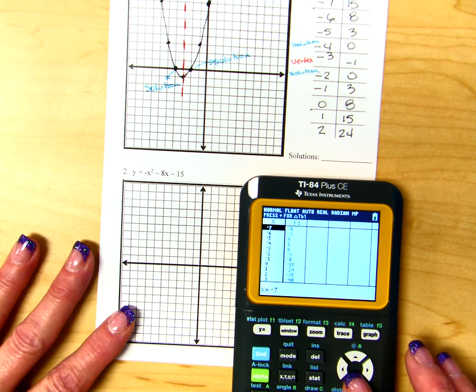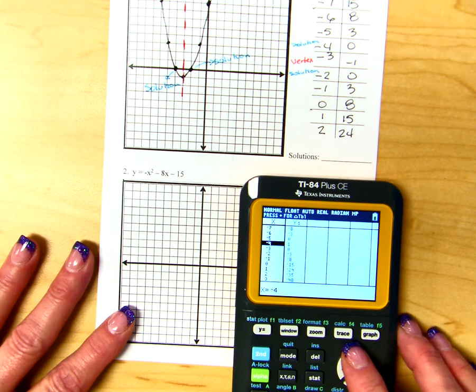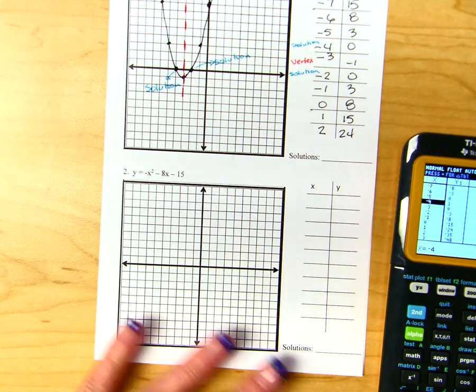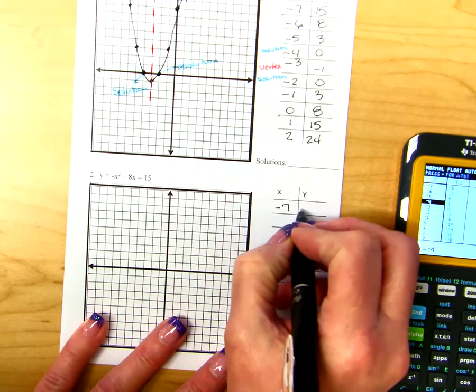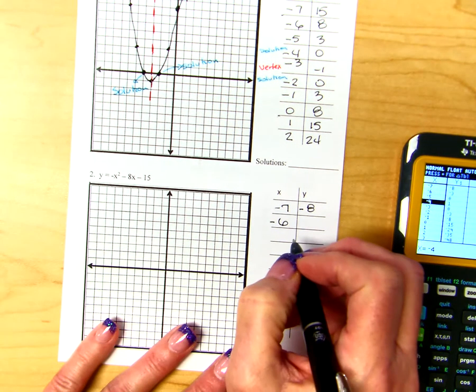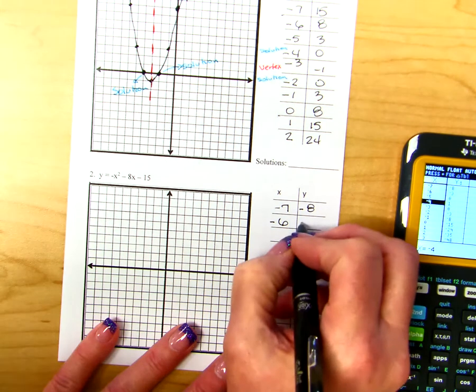And this time, here is where our vertex is. So again, we're going to start at -7 up here, and just copy the table of values down from the calculator.